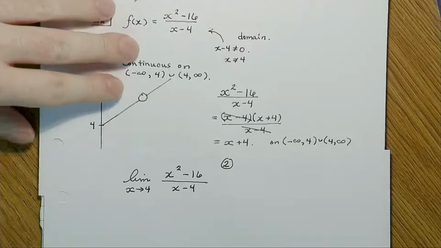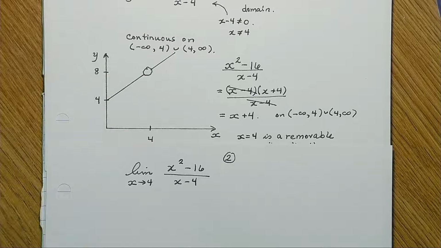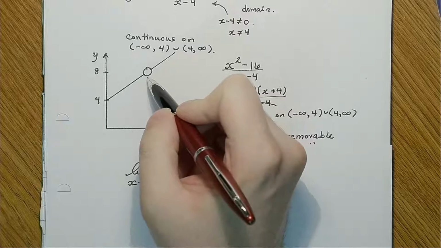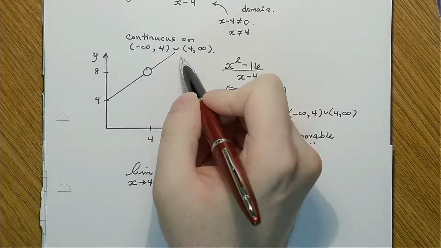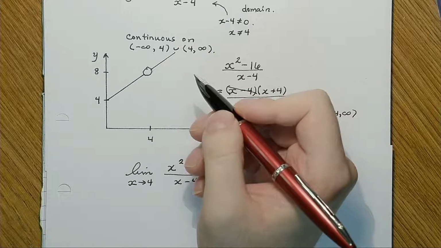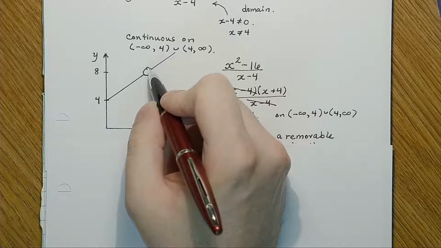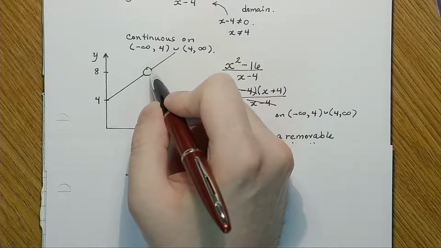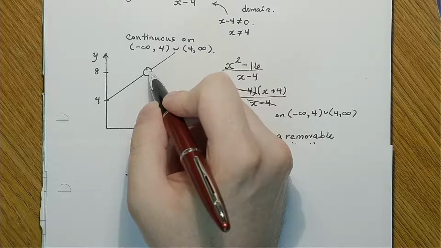if we go back to the original, if we look at the graph and we look at our limits, as we're looking from the left-hand side, it's going to 8. And as we look from the right-hand side, it's going to 8. So we know that the limit exists because the behavior in the neighborhood of x equals 4 is the same.